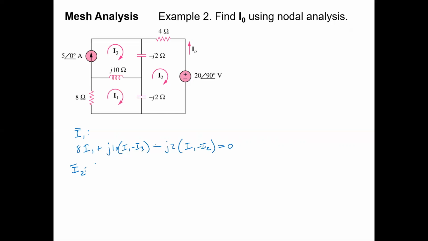For I2, we've got a bunch of j2s there, so we're going to start with the bottom one, I guess. So minus j2 times I2 minus I1. Minus j2, you know, we would be saying plus, except there's a minus sign in front of these things because it's a minus j, right? So plus minus j2 times I2 minus I3.